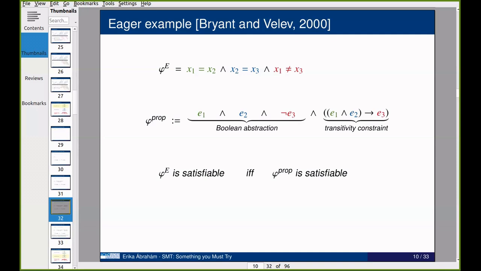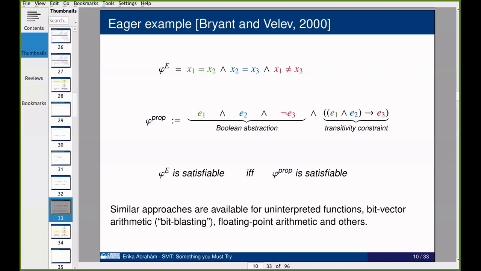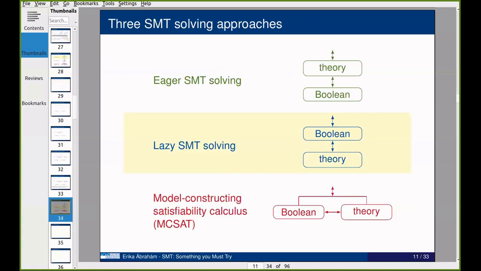Similar approaches can be applied to easier theories, for example, to bit vector arithmetic, which is frequently used for program verification, floating point arithmetic, and some others. But when the theories get more involved, then this transformation is not possible anymore in polynomial time.